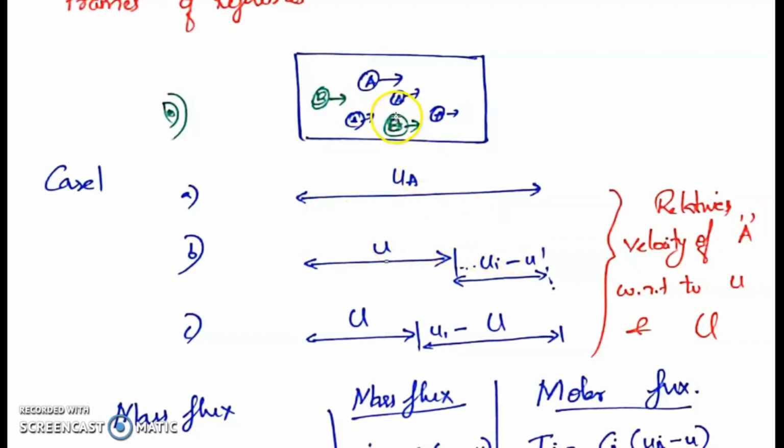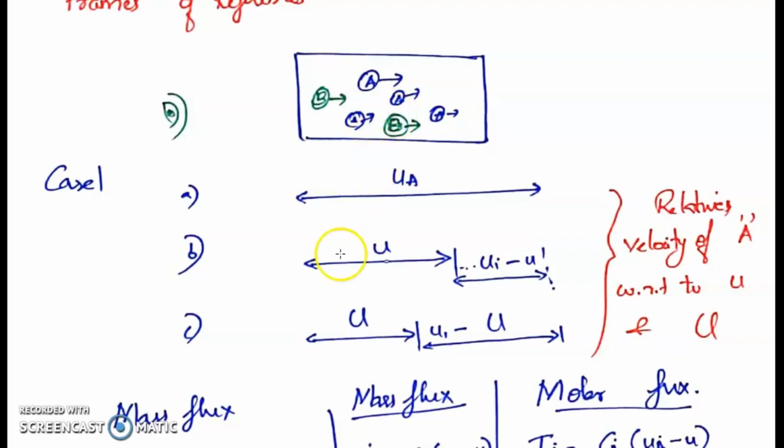The velocity of A molecules, Ui, relative to mass average velocity will be Ui minus u. The case is I assumed I am also moving inside the vessel at the velocity equal to the mass average velocity of the system.